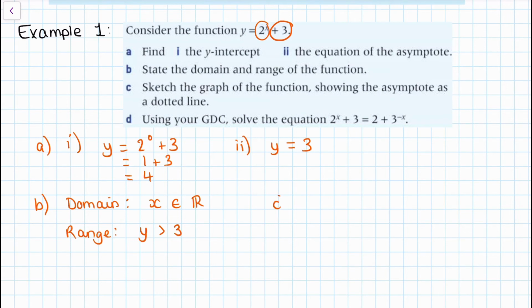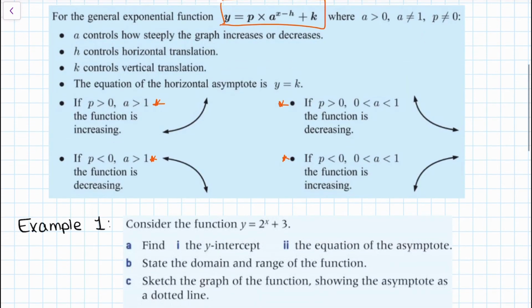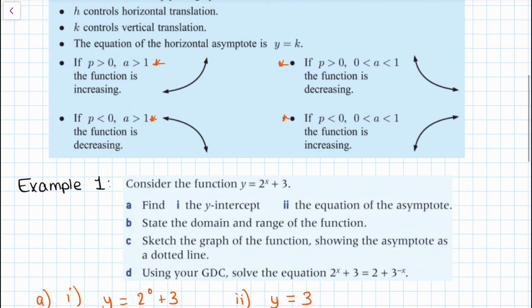C, sketch the graph of the function. So I'm just going to draw a really dodgy sketch here. Now we know our y-intercept's at 4. And then we also know that our asymptote is when y equals 3, and we're going to draw that with a dotted line. Now we just have to work out what our graph is going to look like. So we can go back up to here.